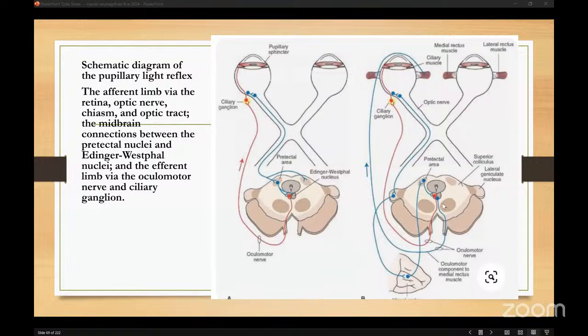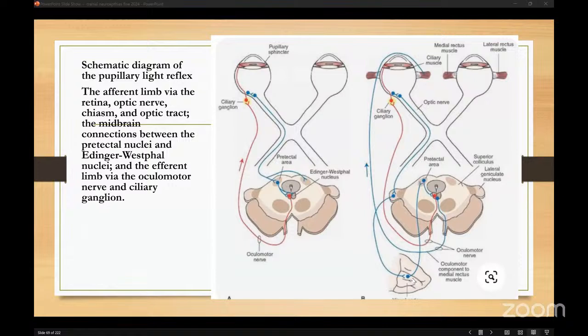Whereas in accommodation, what happens is that it goes through the optic tract, then the lateral geniculate body, to the occipital cortex, that is the calcarine cortex, and from there the corticotectal tract. This is very important, there is a corticotectal tract.